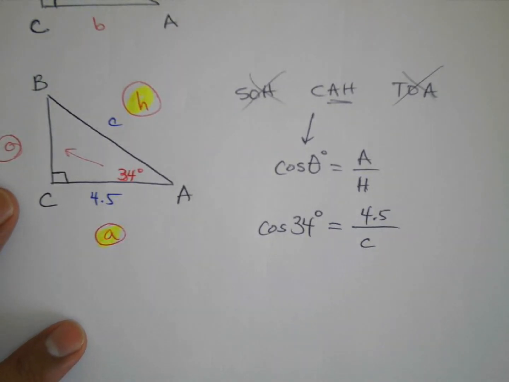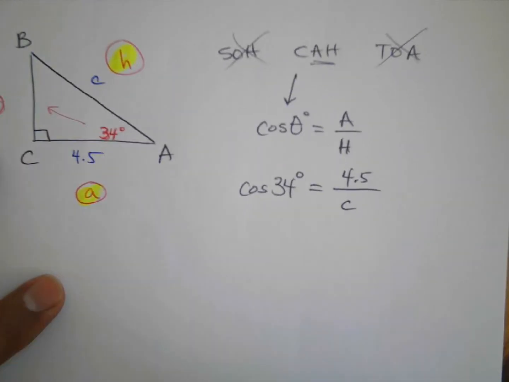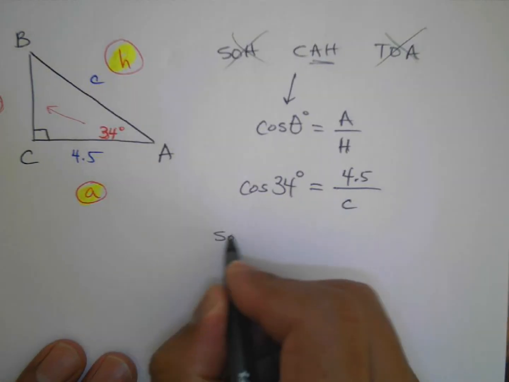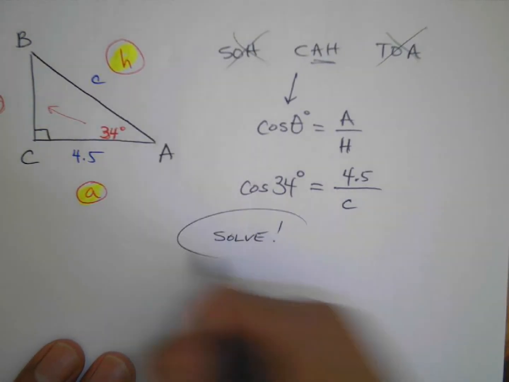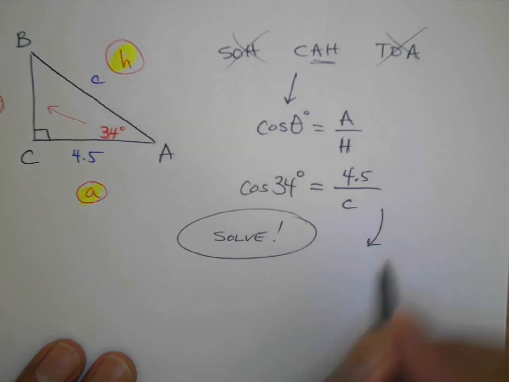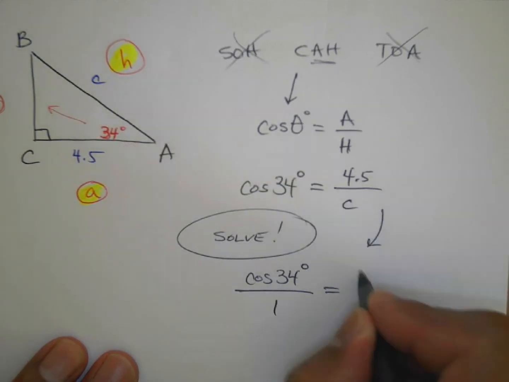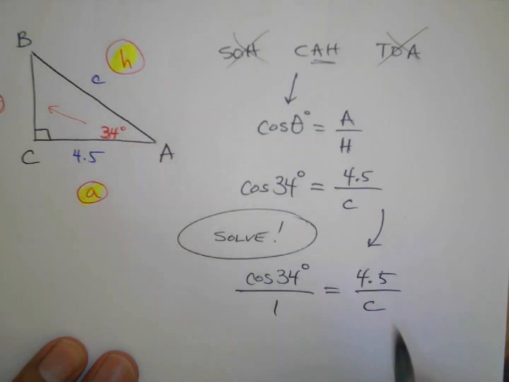That's how you use these trig ratios and these trig functions to learn how to solve these missing parts. And now to solve it, we set it up as a proportion. Cosine of 34 over 1 is equal to 4.5 over C.